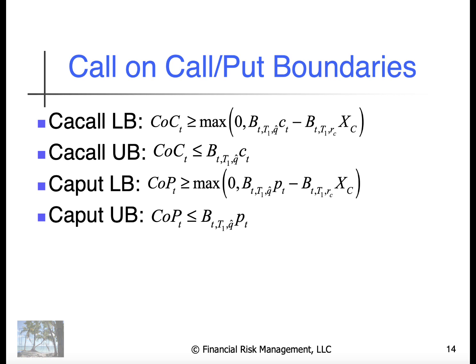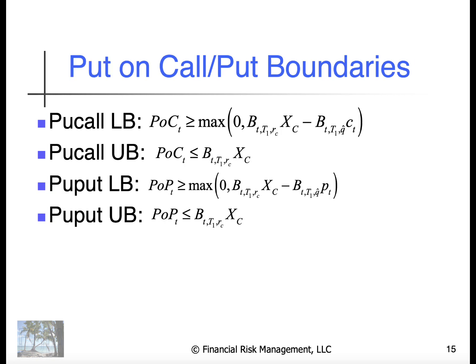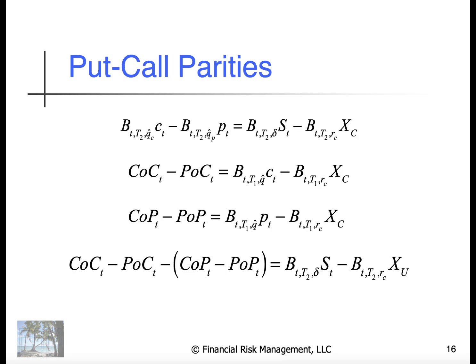It turns out the calls on puts or calls, the boundary conditions can be expressed in this fashion. Again, you can see the derivations in the write-up in the materials provided. Puts have a similar set of boundary conditions. And there's actually put-call parity that could be deployed.